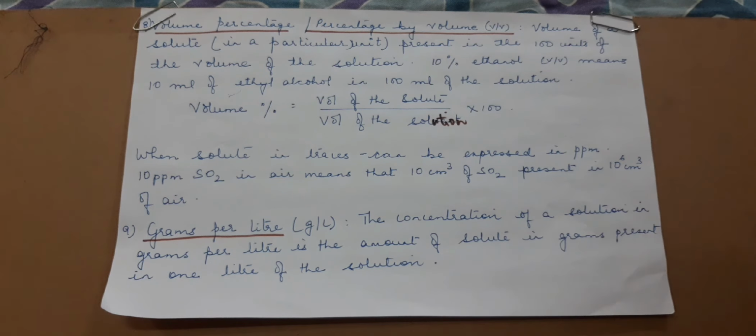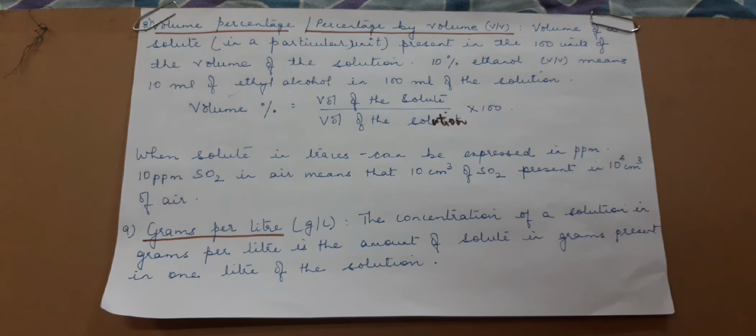So when it is present in traces, we again go for parts per million in terms of volume also. So volume percent is volume of the solute divided by volume of the solution into 100.